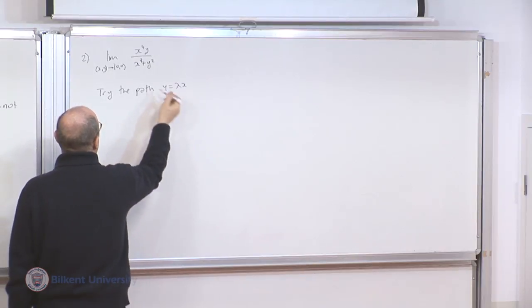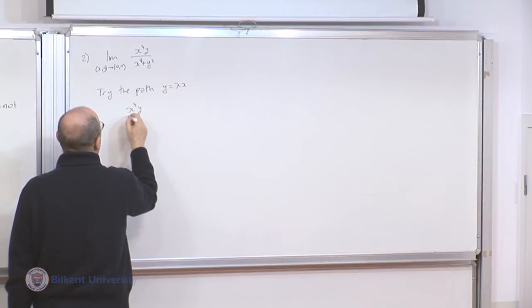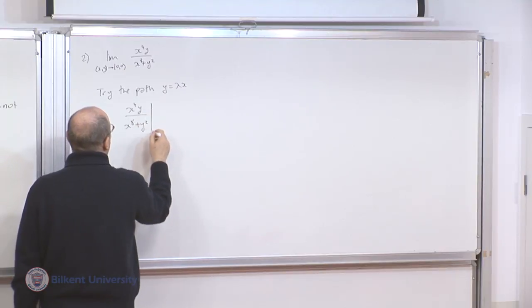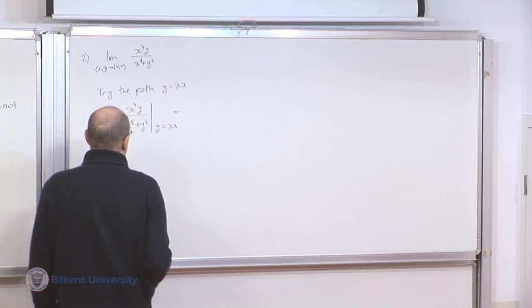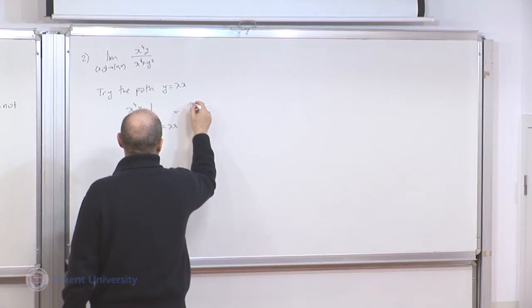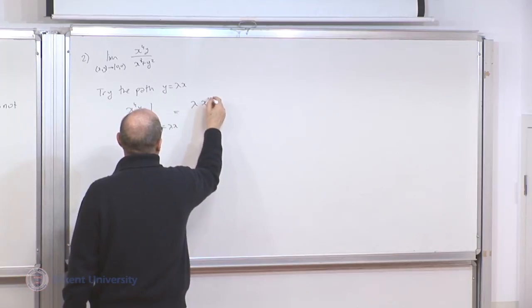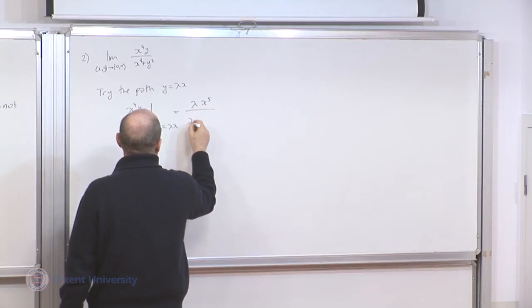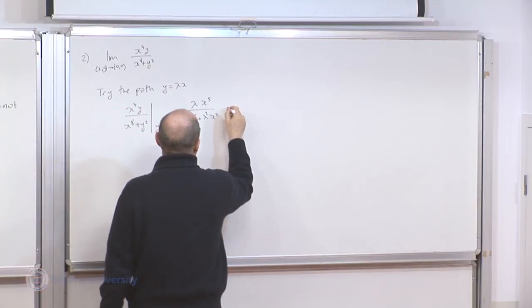Let me now omit this. So x to the 4 y over x to the 8 plus y squared, when I restrict it to y equals lambda x, what do I find? I find lambda x to the 5 over x to the 8 plus lambda squared x squared. So I cancel x squared.